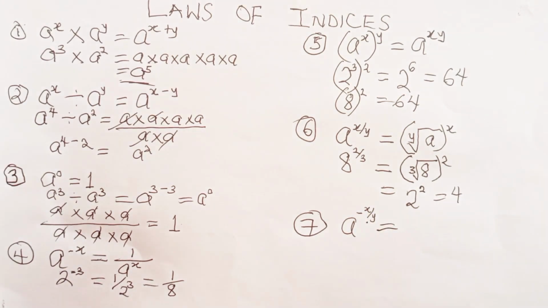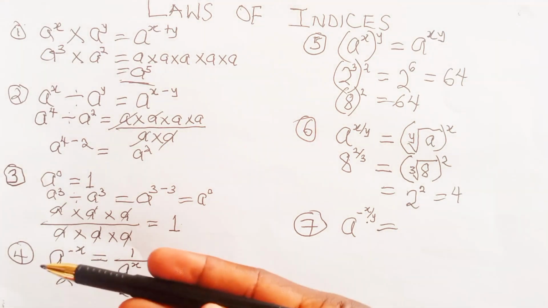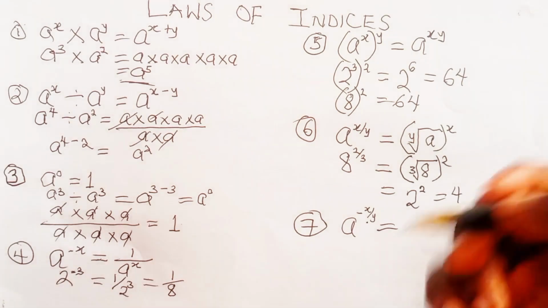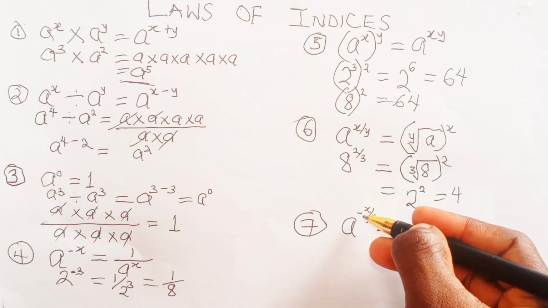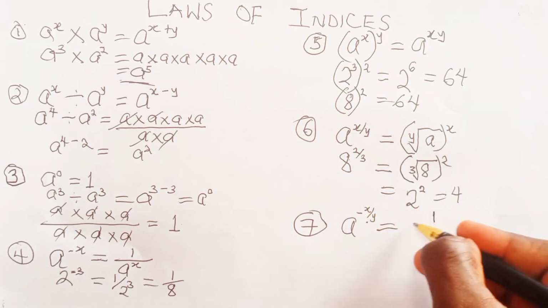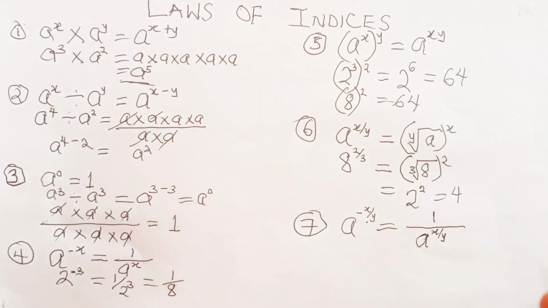Remember, in the fourth law we already said that when you have a negative power, it becomes a reciprocal of the base raised to that power. Then the negative sign goes off. So I'm going to eliminate the negative sign and take the reciprocal of the base. So I have 1 over a raised to power x over y.